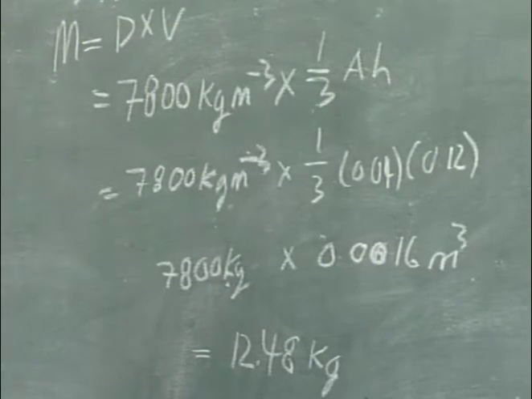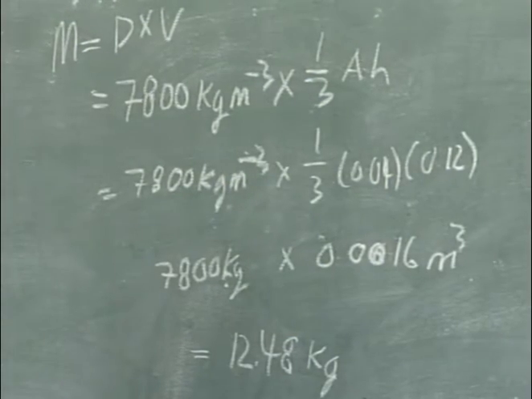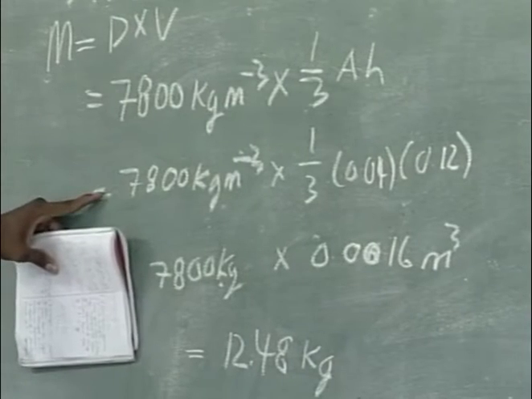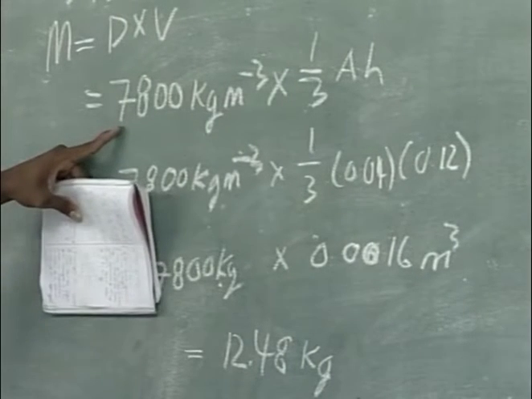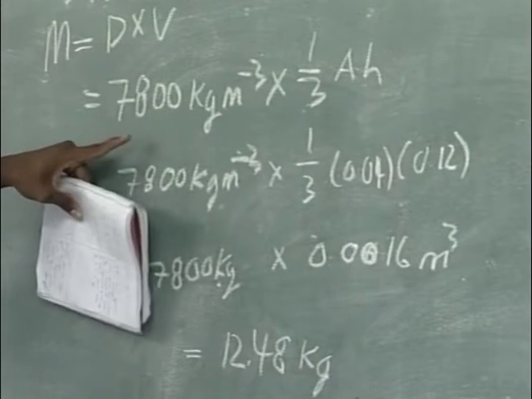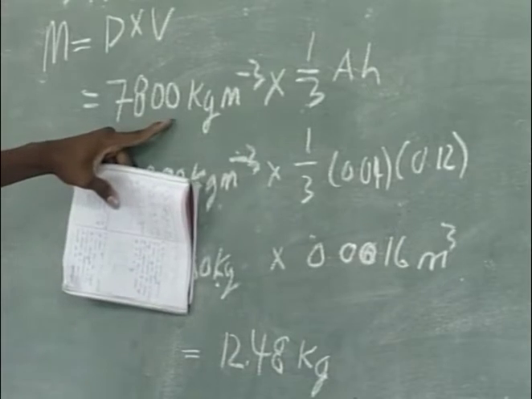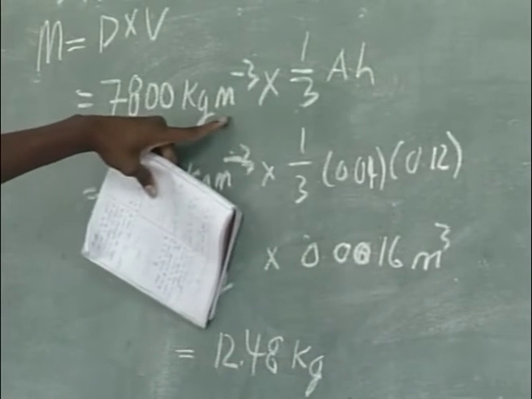Mass equals density times volume. So the density is 7,800 kilograms per meter cube.